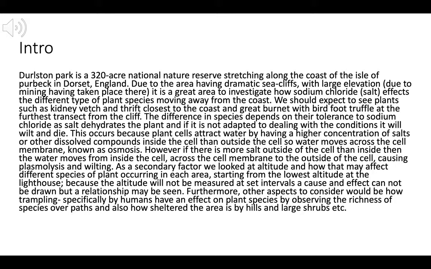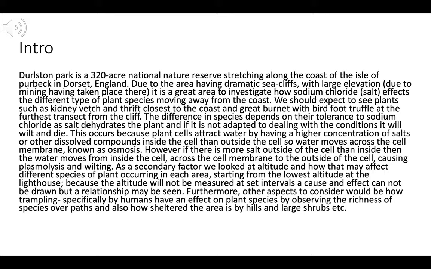The difference in species depends on their tolerance to sodium chloride, as salt dehydrates the plant, and if it is not adapted to dealing with the conditions, it will wilt and die. This occurs because plant cells attract water by having a higher concentration of salt or other dissolved compounds inside the cell than outside the cell, so water moves across the cell membrane, known as osmosis.